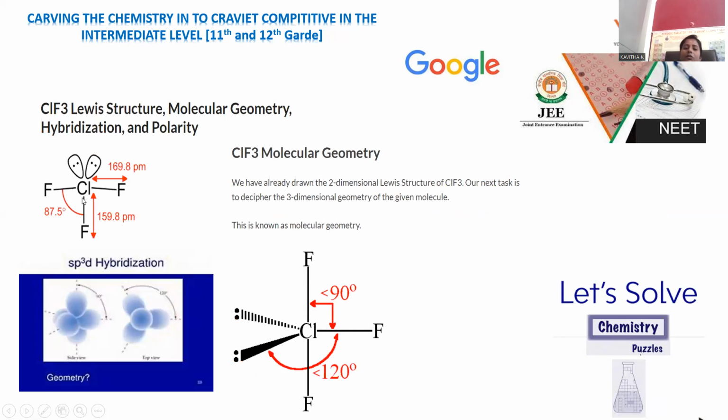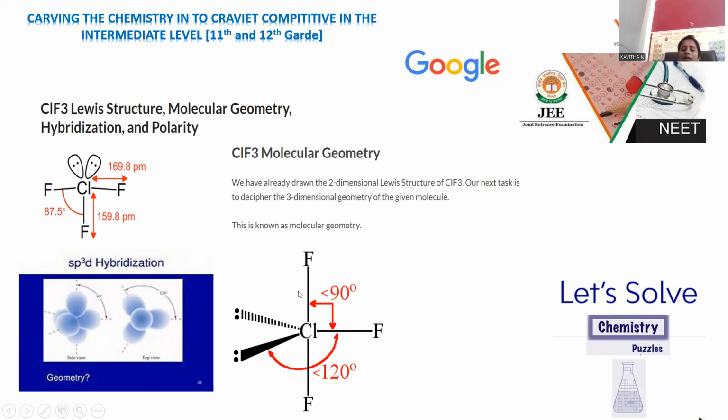Another molecule is ClF3. ClF3 is also a kind of trigonal bipyramidal geometry. Chlorine is accompanied with three covalent bonds and two lone pairs of electrons, and it acquires a T shape. Two lone pairs of electrons occupy equatorial positions.